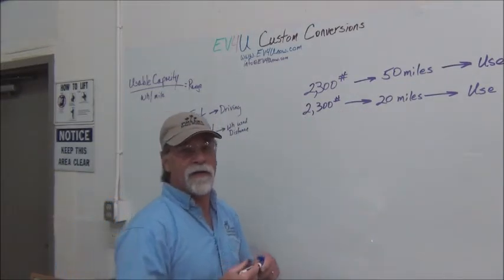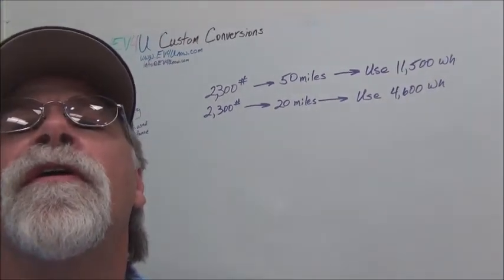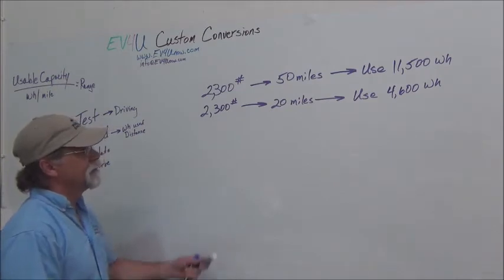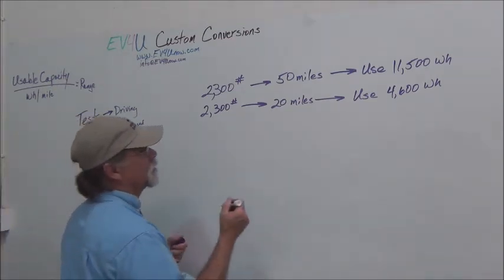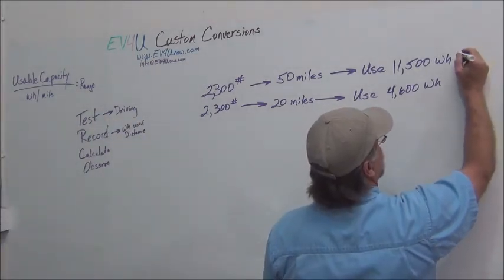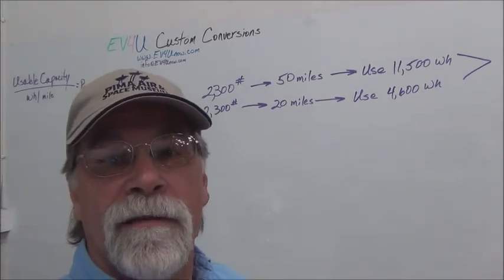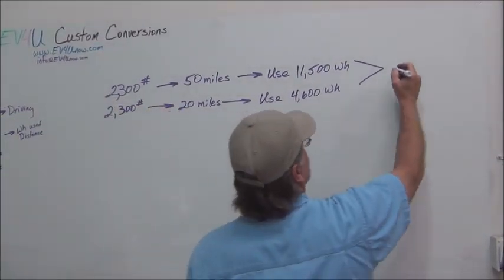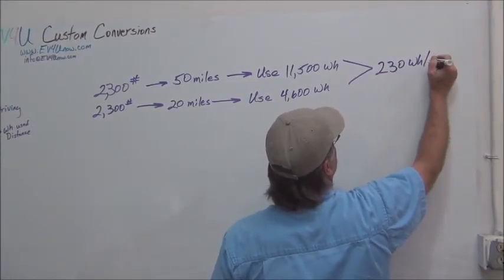So what we're going to do is we're going to do the math. And the math tells us that we're using, and I'm going to run out of board again, I need to move the camera further back, and I'm using 230 watt hours per mile.